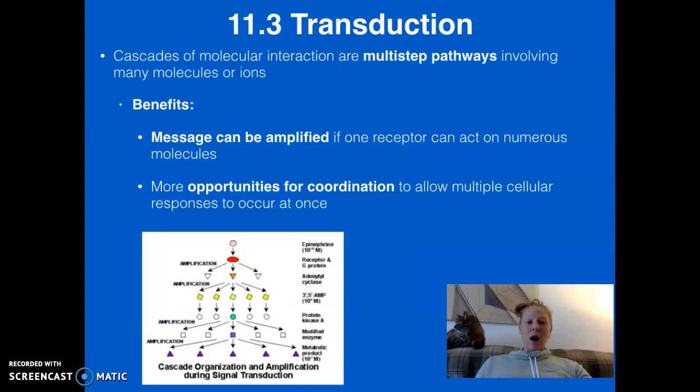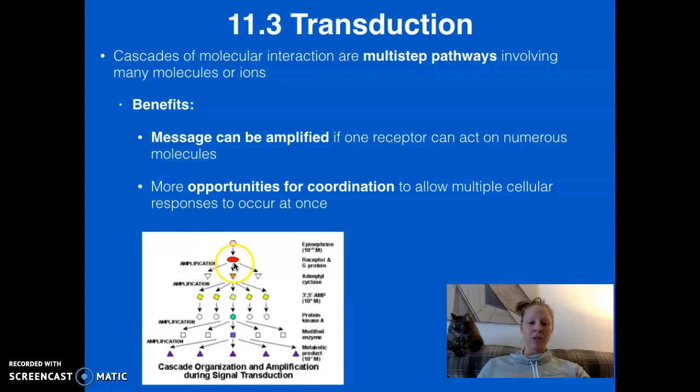So cascades of molecular interaction are multi-step pathways, which means that they involve many molecules. One benefit of this is that the message can be amplified, meaning that it can grow in the number of molecules being used pretty quickly.